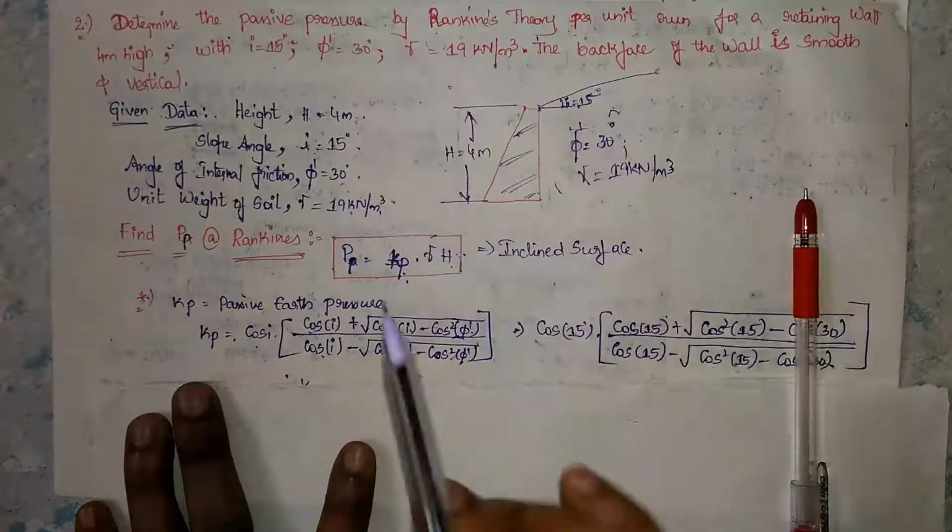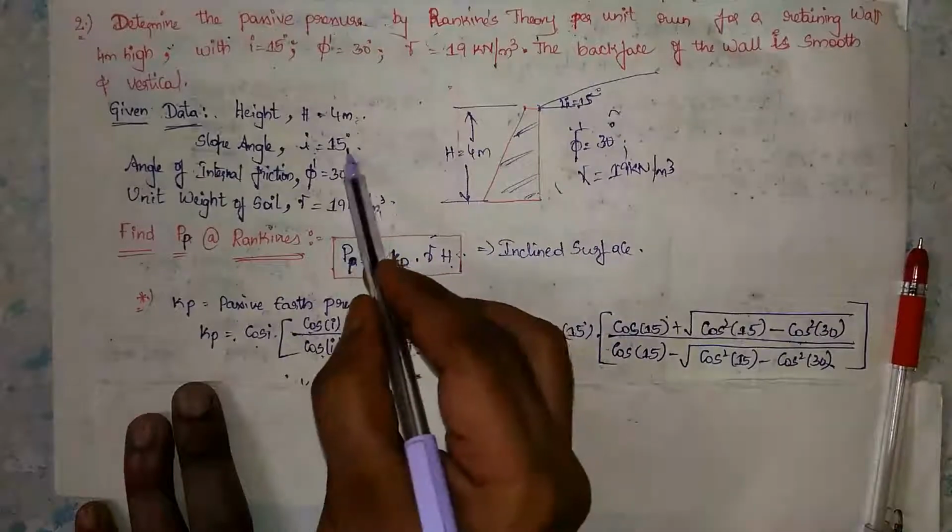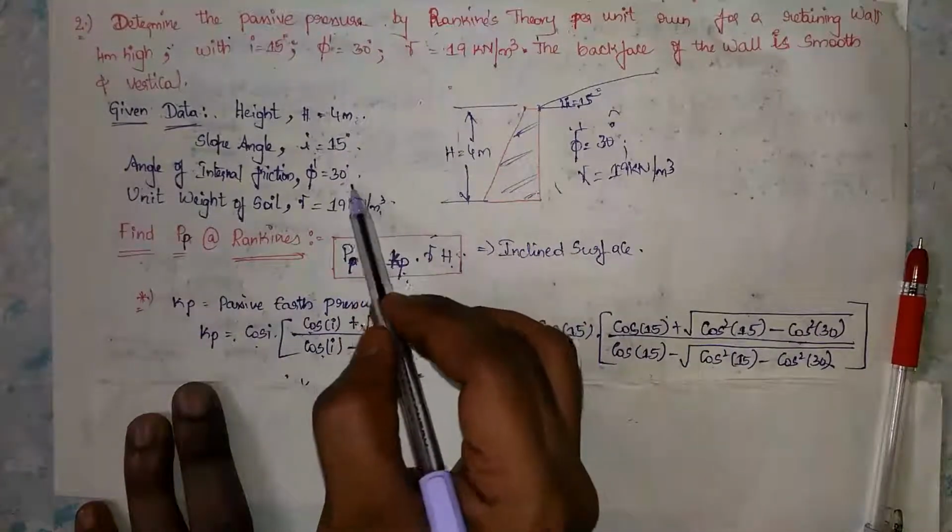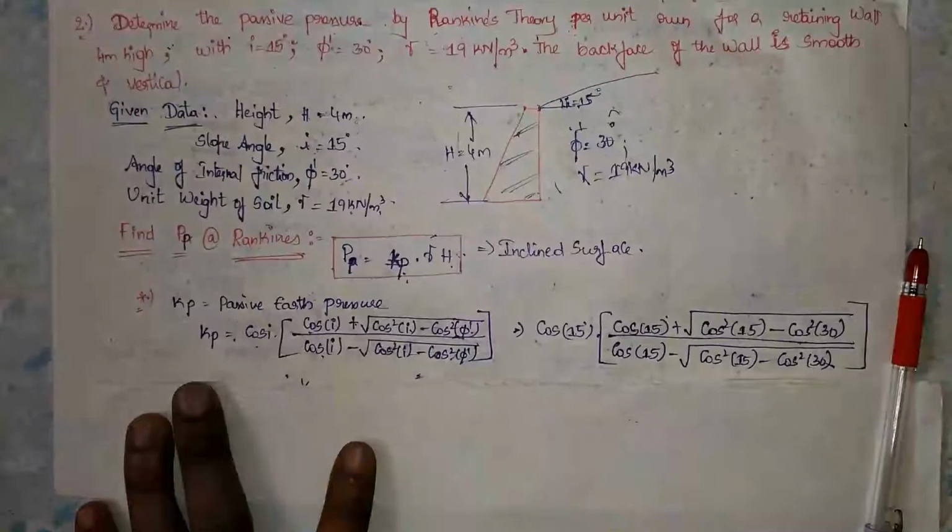Next, start the process and substitute the angle i and angle phi values in this pressure.